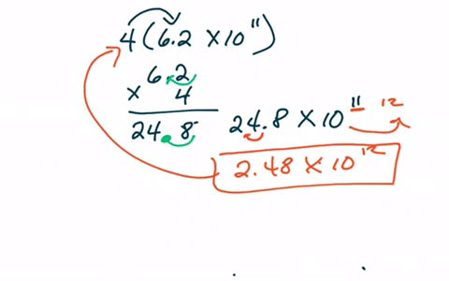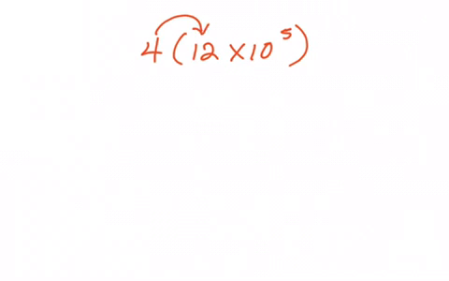Let me do another one real quick with you. How about if I say 4 times 12 times 10 to the 5th power? Well, just multiply 4 times 12, and that's 48 times 10 to the 5th power.